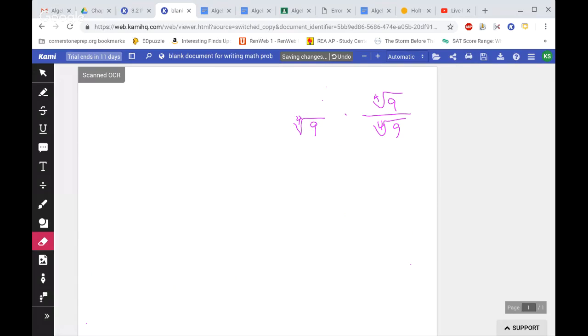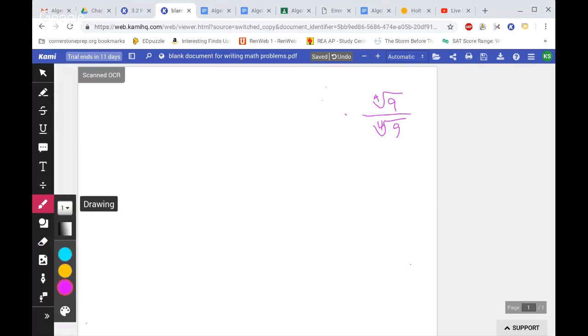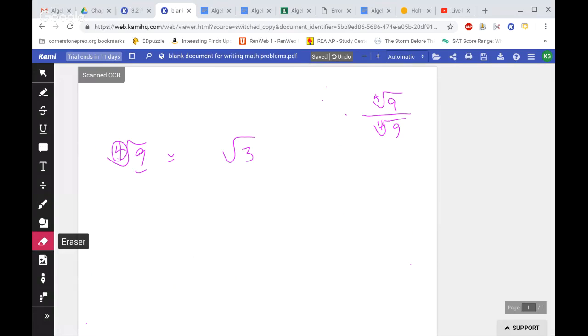So hopefully that helps, because now I would know this fourth root of 9 is the same as the square root of 3. So half of the 4 and the square root of 3. So that's what you do, you just halve the outside thing and then take the square root of the inside thing?